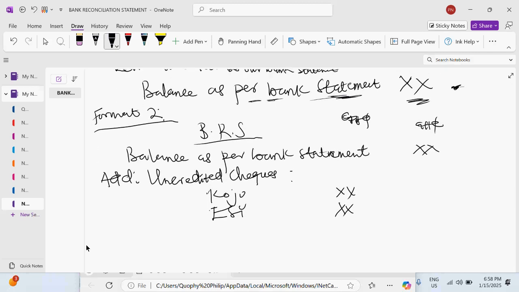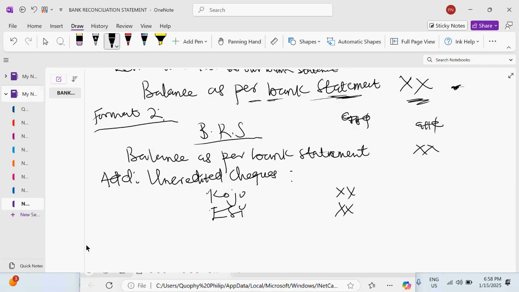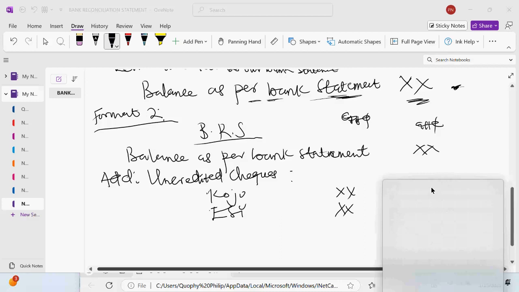So now, which of the errors will come here? Which of the errors do you think will come here? Wrong debit. Yes, which of the errors? Errors that increase our bank statement. Wrong debit.